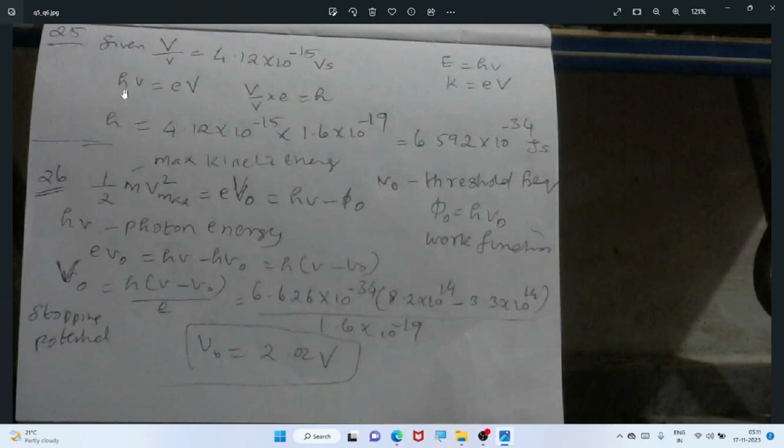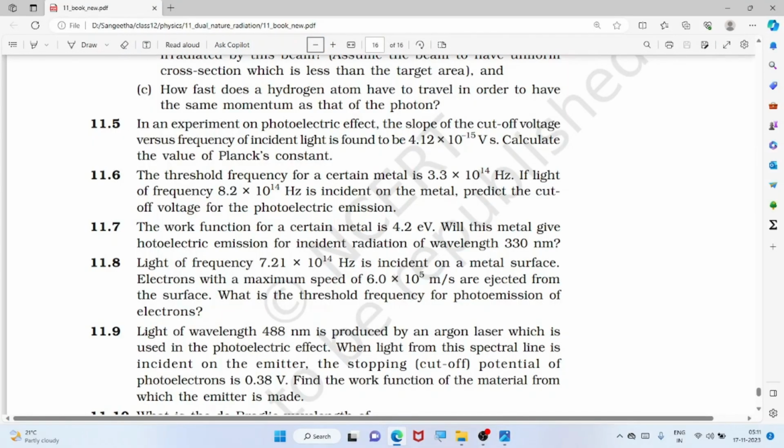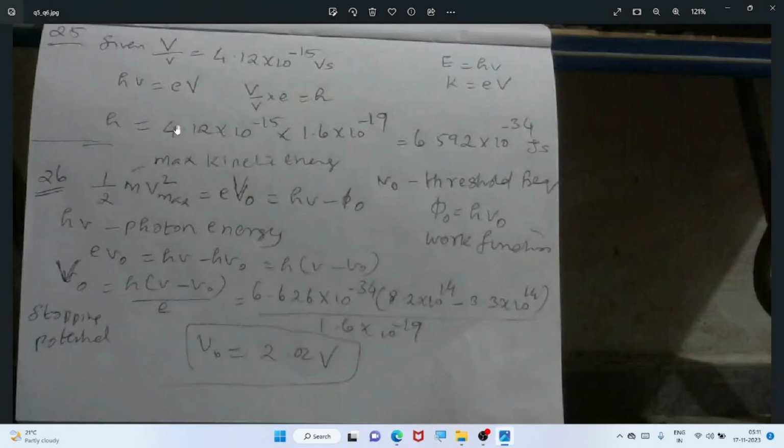So hv equal to eV naught, then V naught by V equal to h by e. So h is computed from the given value.